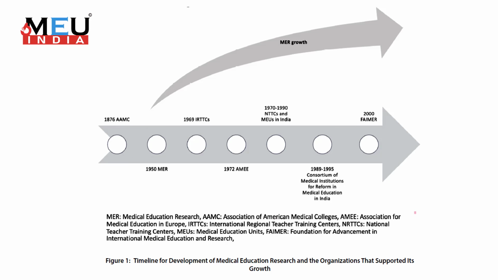MER, Medical Education Research; AAMC, Association of American Medical Colleges; AMEE, Association for Medical Education in Europe; IRTTCs, International Regional Teacher Training Centers; NTTCs, National Teacher Training Centers; MEUs, Medical Education Units; FAIMER, Foundation for Advancement in International Medical Education and Research. 1876 AAMC, 1950 MER, 1969 IRTTCs, 1972 AMEE, 1970 to 1990 NTTCs and MEUs in India, 1989 to 1995 Consortium of Medical Institutions for Reform in Medical Education in India, 2000 FAIMER.